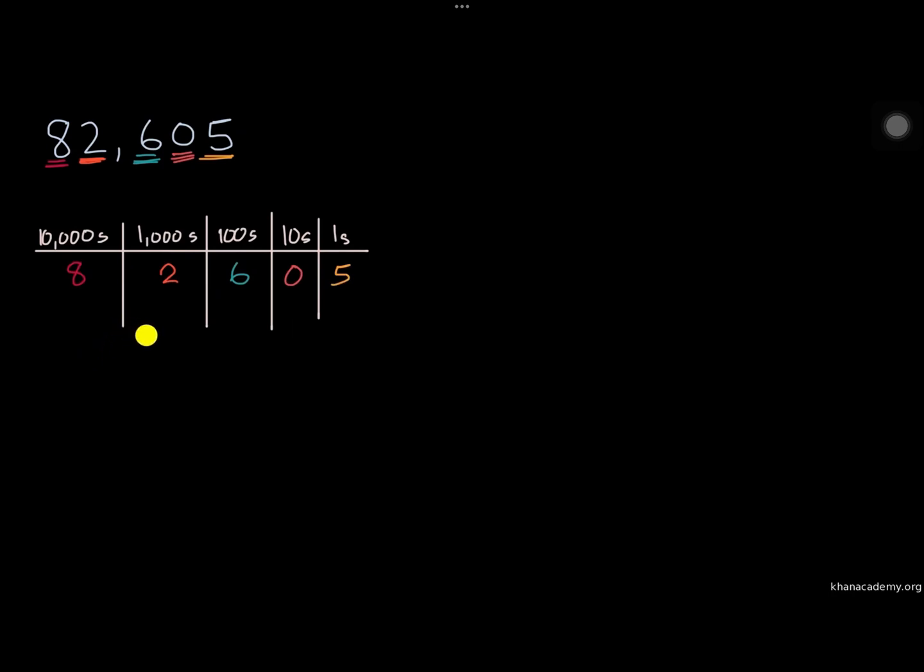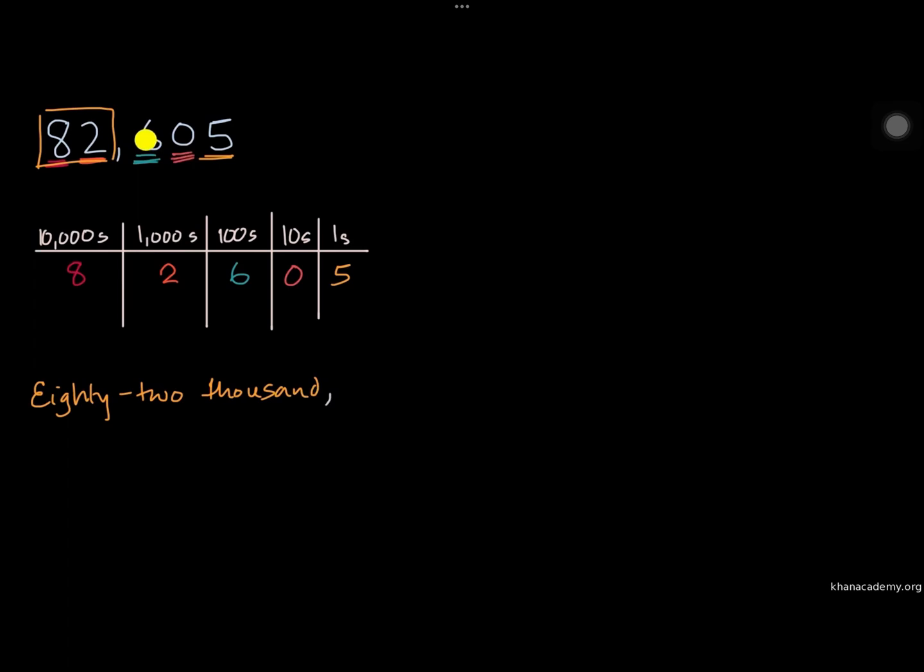And when you write it out in words, the standard way of doing it is actually put commas wherever you would put the commas in. This is right over here written in standard form. So what we would do is we would express this part right over here as 82,000. So let me write it out. 82,000. And then put this comma there, 82,000, comma.